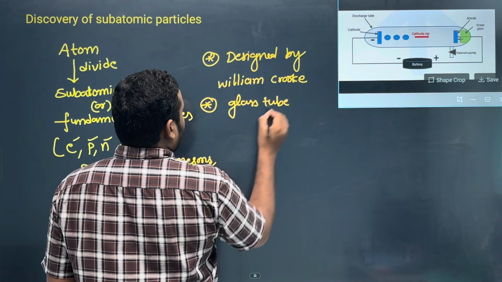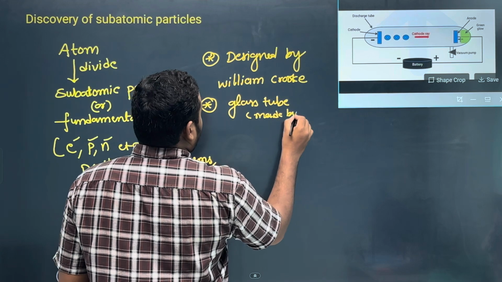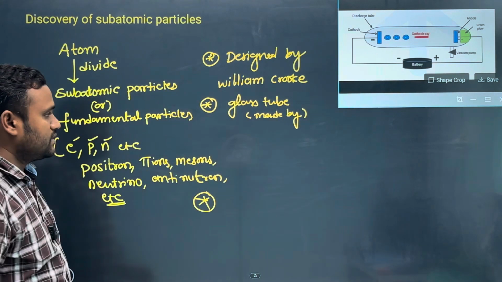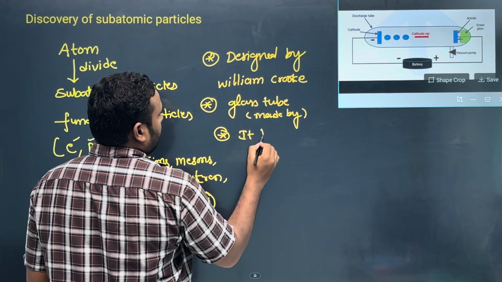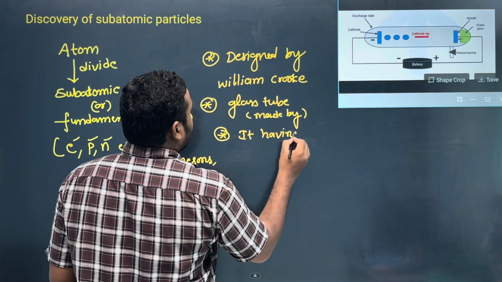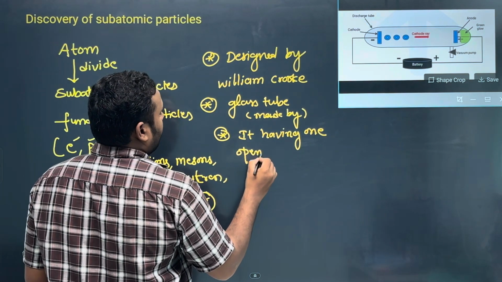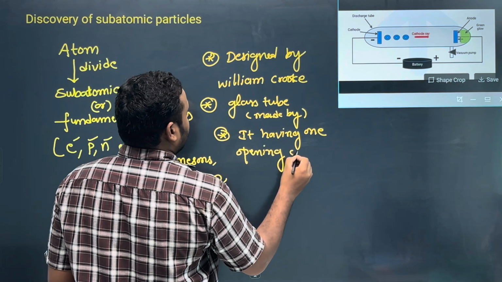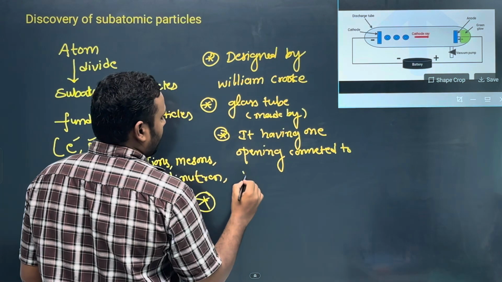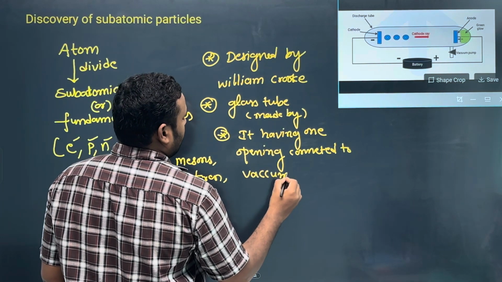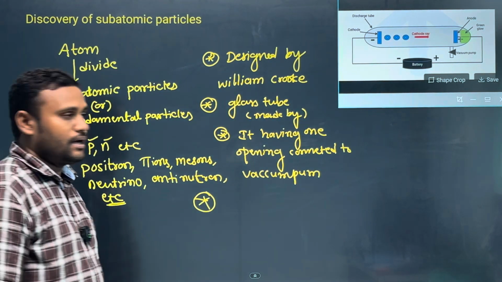It has one opening connected to a vacuum pump, which is used to control the pressure inside the glass tube.